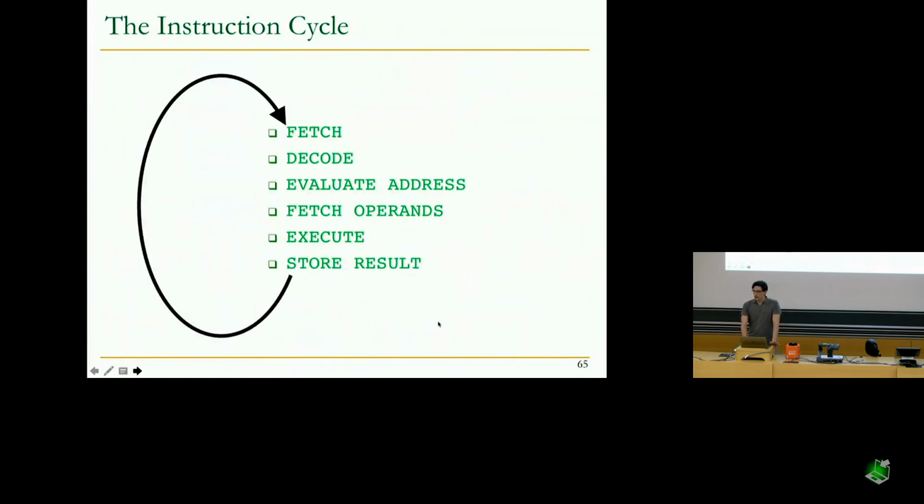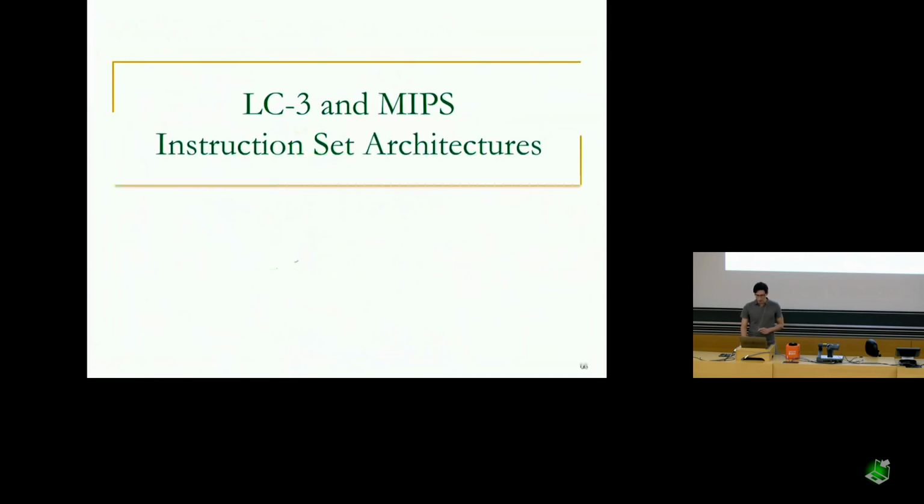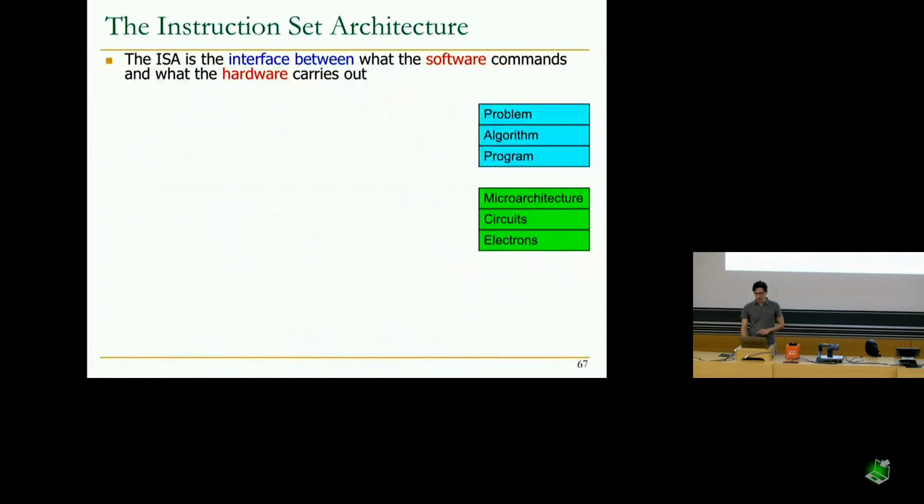Okay, so we are done with these basics of the von Neumann model and the LC3 computer. Also, we have already seen some details from the MIPS machine. Now we are going to talk a little bit more about LC3 and MIPS instruction set architectures.